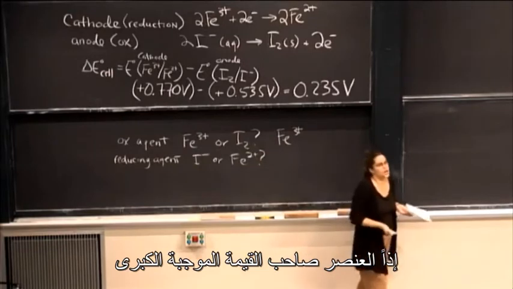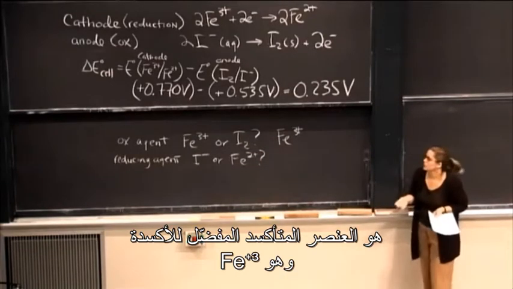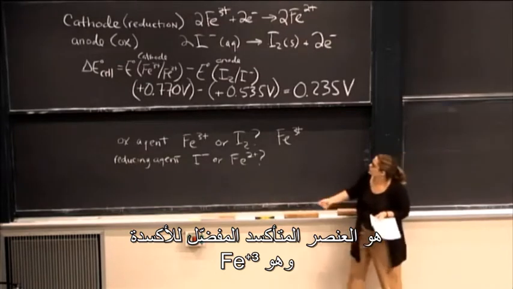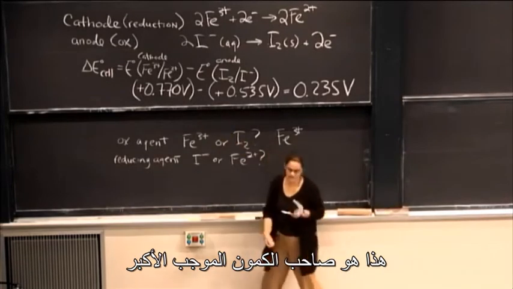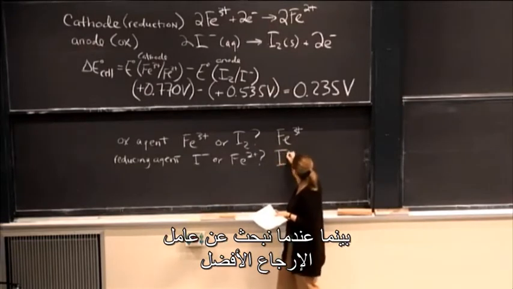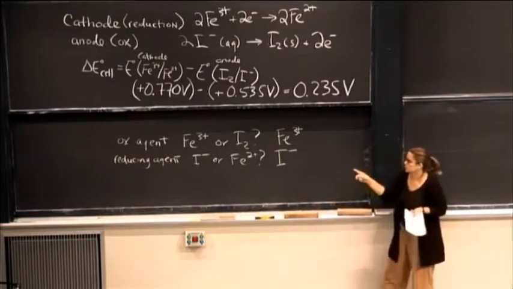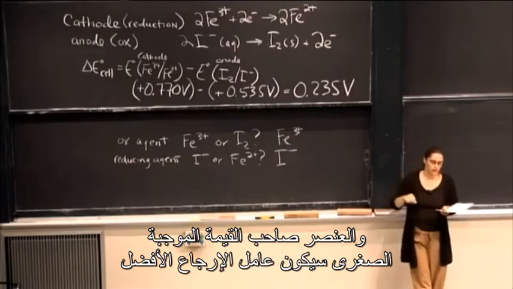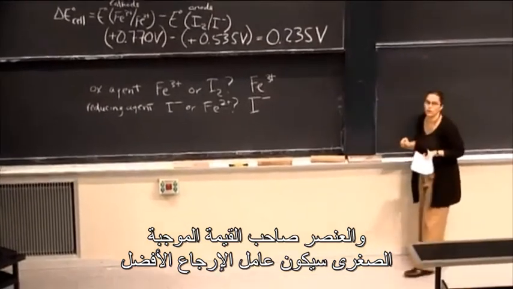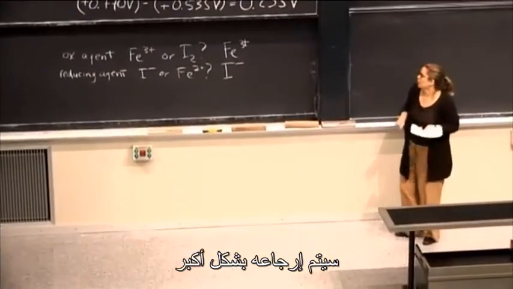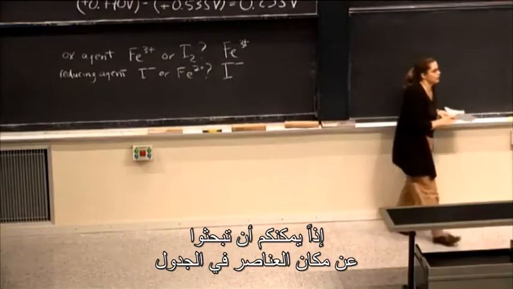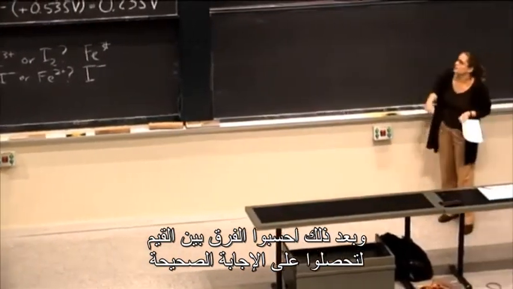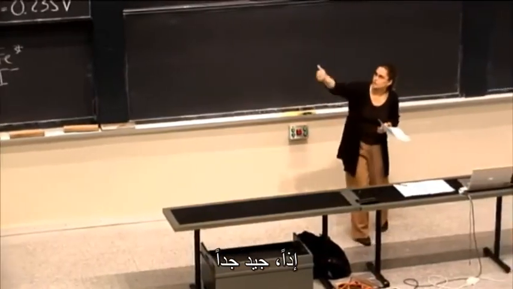So the one with the bigger positive number, the oxidized species will be better at oxidizing. And so that would be the iron plus 3. That's the bigger positive number. Whereas here, when we're considering which is the better reducing agent, we're looking at the two reduced species here. And here the thing with the smaller positive number, the reduced form will be a better reducing agent, more reducing. So again, you can look at where those are in the table and the size difference between them to get the right answer. So very good.